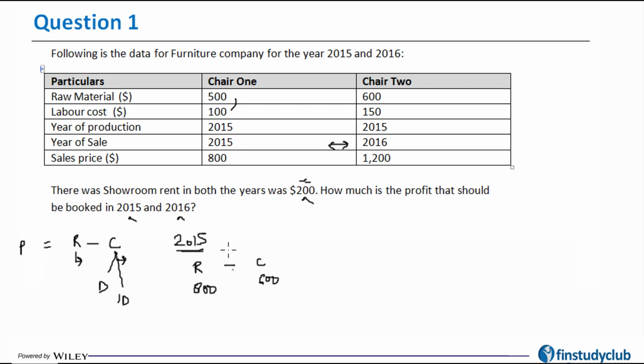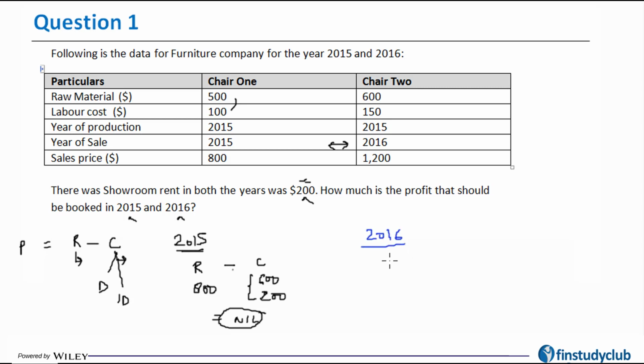So the showroom rent for 2015 is going to go to the P&L of 2015. Keeping that in mind, I get a value of nil in 2015. So the profit to be booked in 2015 is equal to 0.